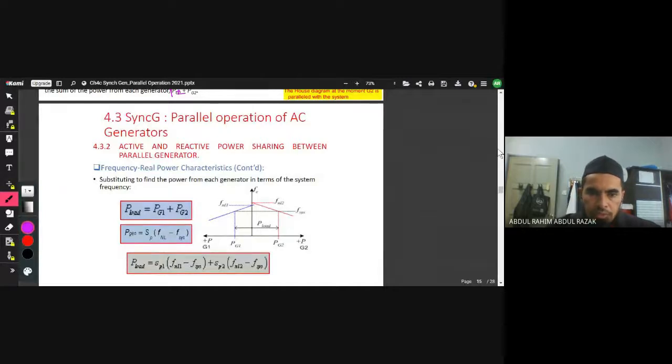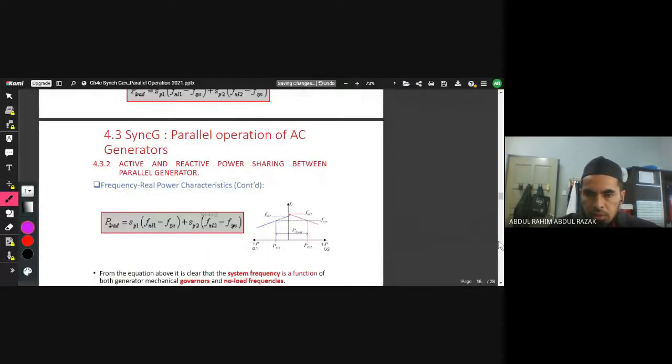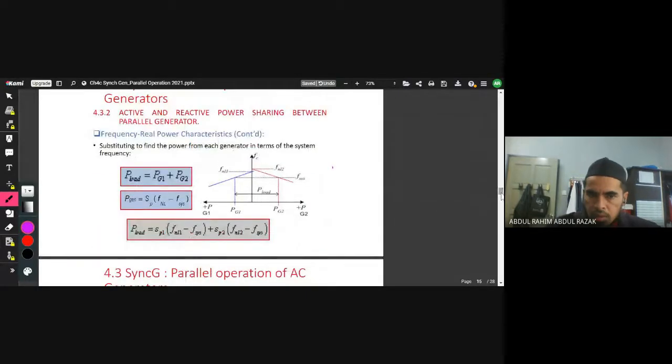So let's say in terms of calculation, how much is the power drawn from the load, the generators G1 and G2 here? So P load is equal to PG1 plus PG2.